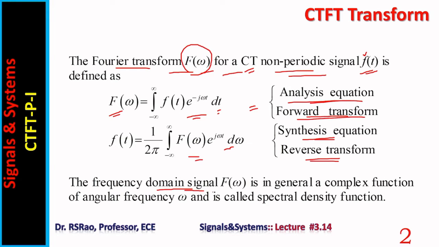The frequency domain signal F of omega is in general a complex quantity. It is a function of angular frequency omega. Its technical name is spectral density function. It is better to have these defining relations of the CTFT in mind while solving the problems.